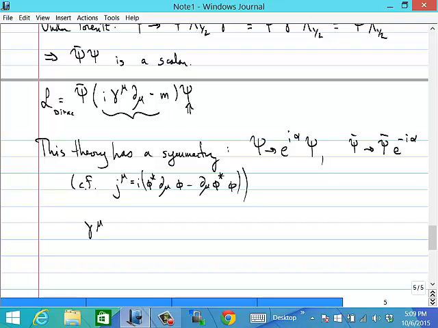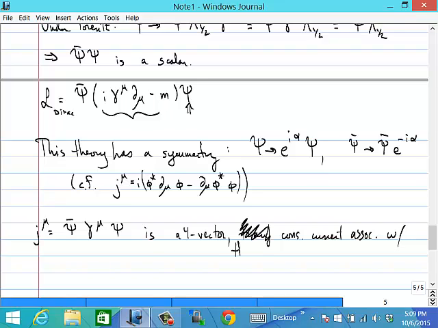And if you want to construct a scalar out of a 4 by 4 matrix, well, you sandwich it between a column vector and a row vector. And indeed, psi bar gamma mu psi is a 4-vector, and it is the conserved current associated with this symmetry.